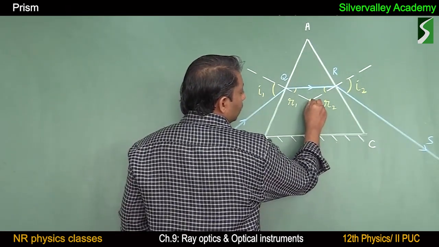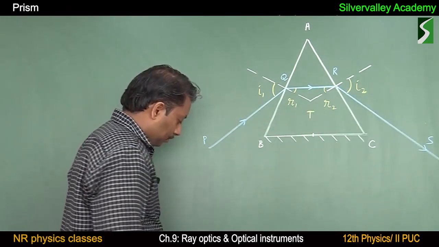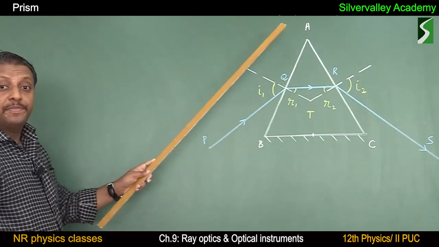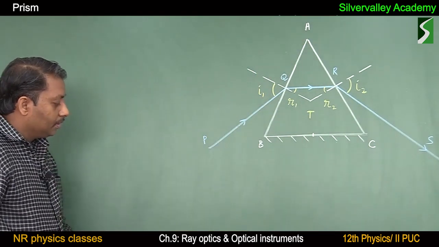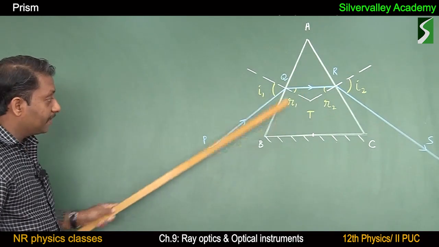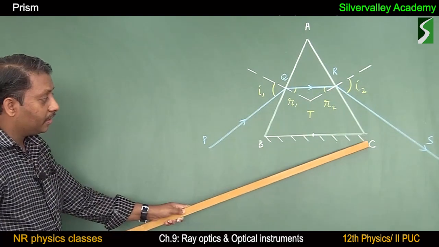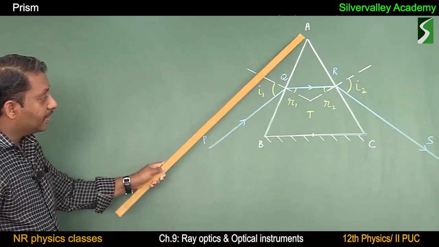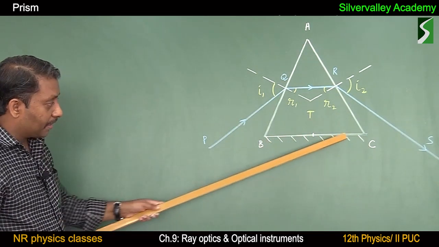Let this be T. This point is T. So let me write a statement for ABC. Students, what is ABC? ABC is principal section of a prism, where AB and AC are refracting faces and BC is the base.